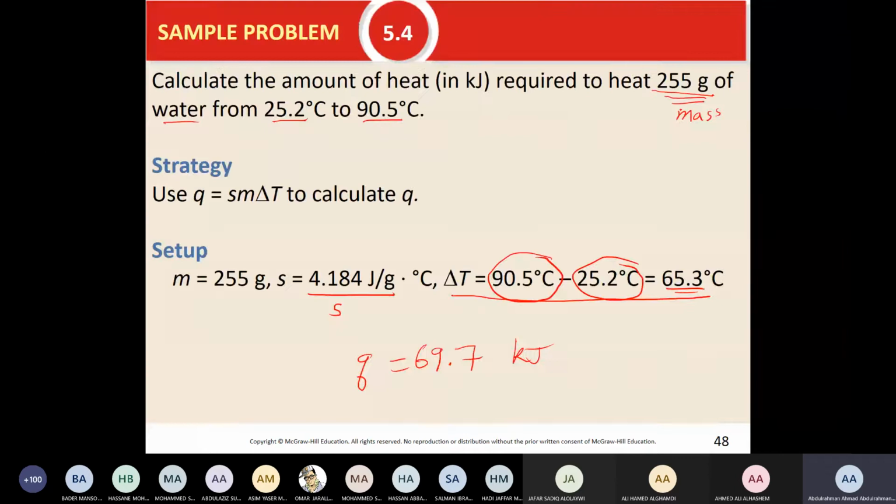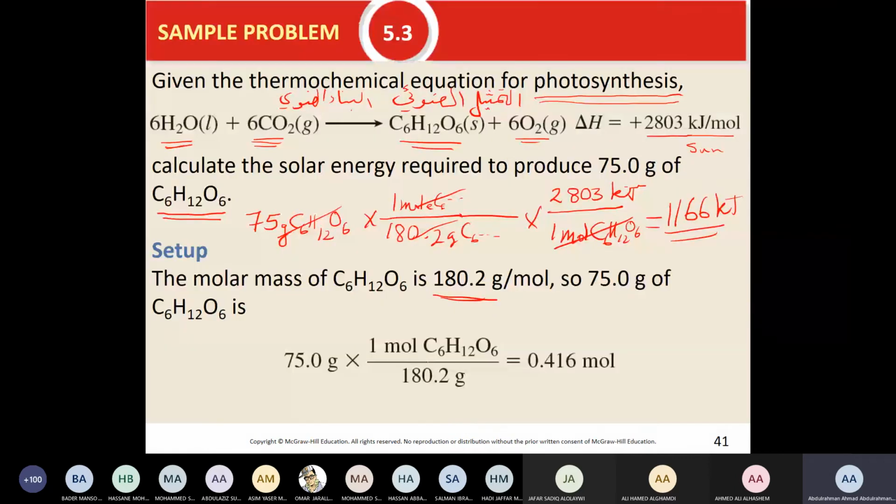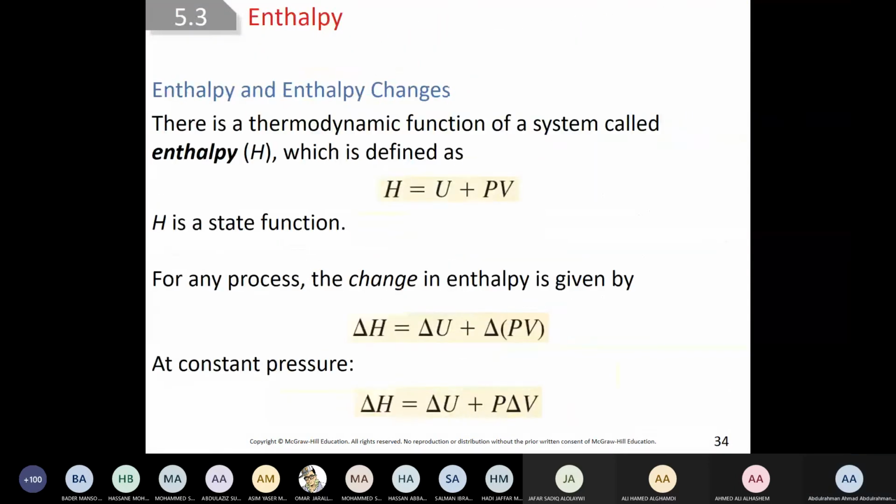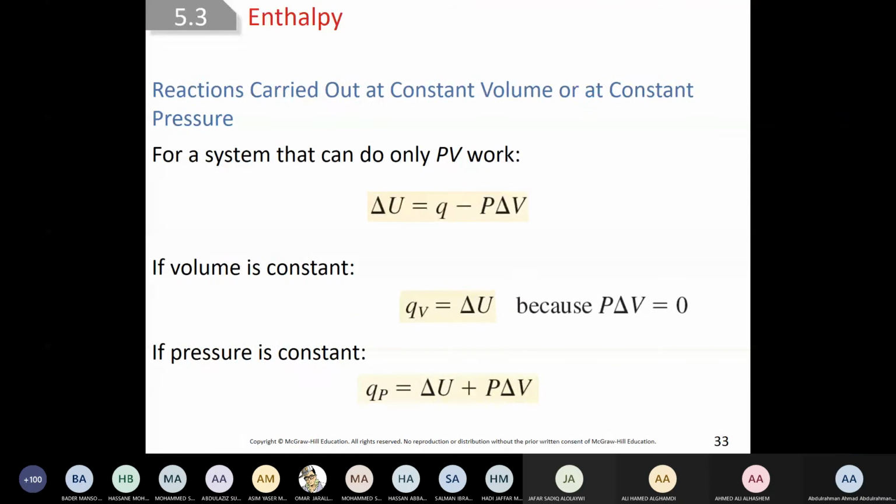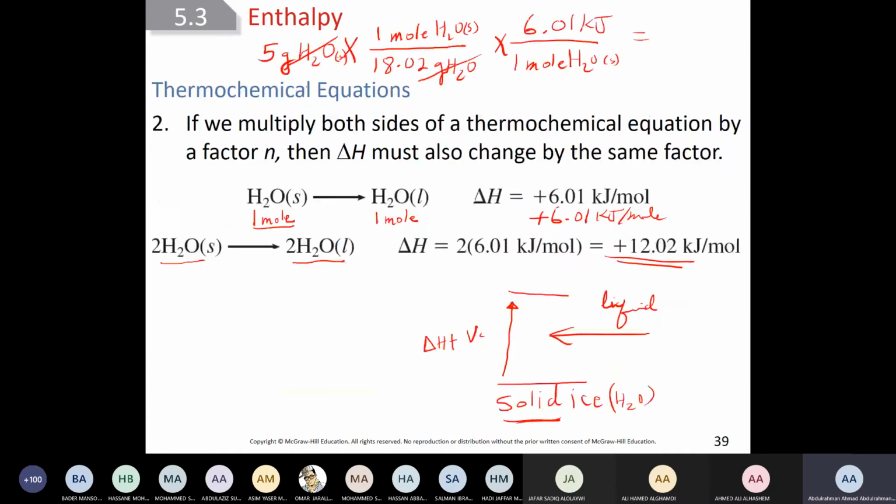We went over this a long time ago: QP equal to delta H, but QV, constant volume, is equal to delta U.